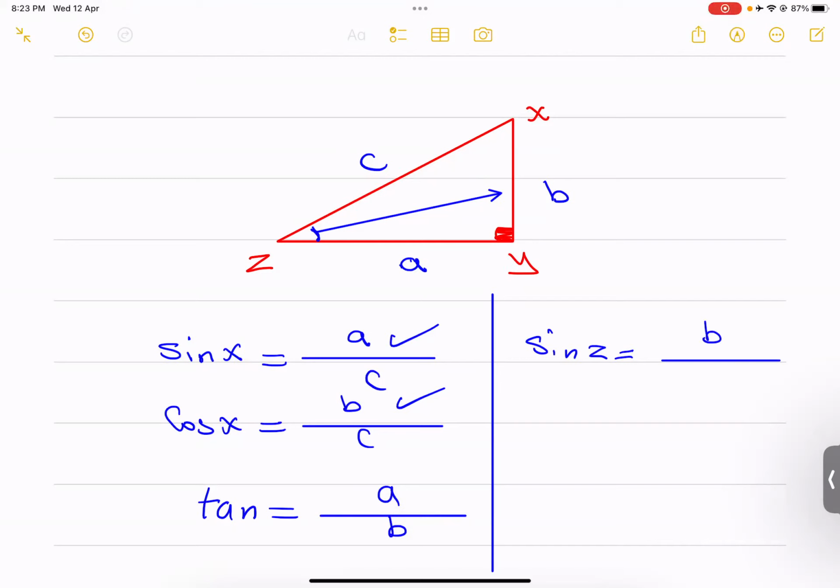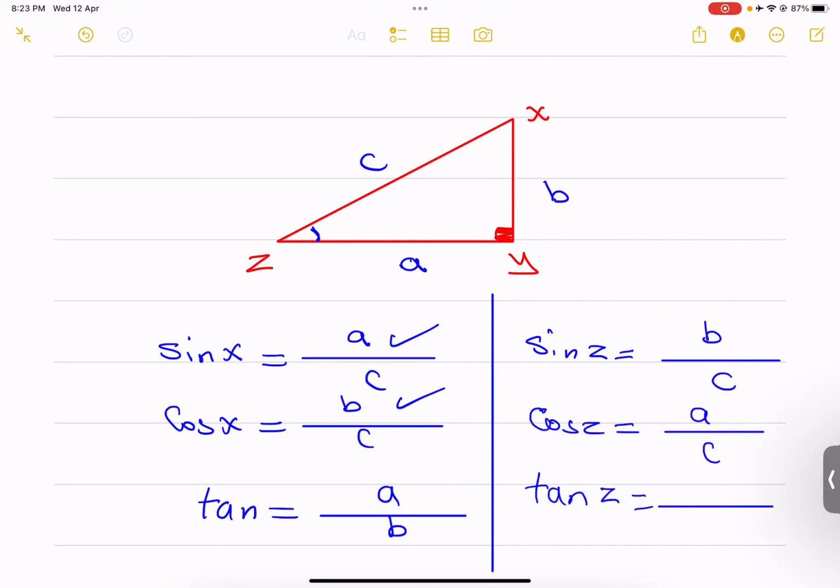So B over C. Yeah, exactly. So how could I get the cosine of z? It's going to be adjacent over the hypotenuse. So it's going to be A over C. How could I get the tan? It's going to be B over A.